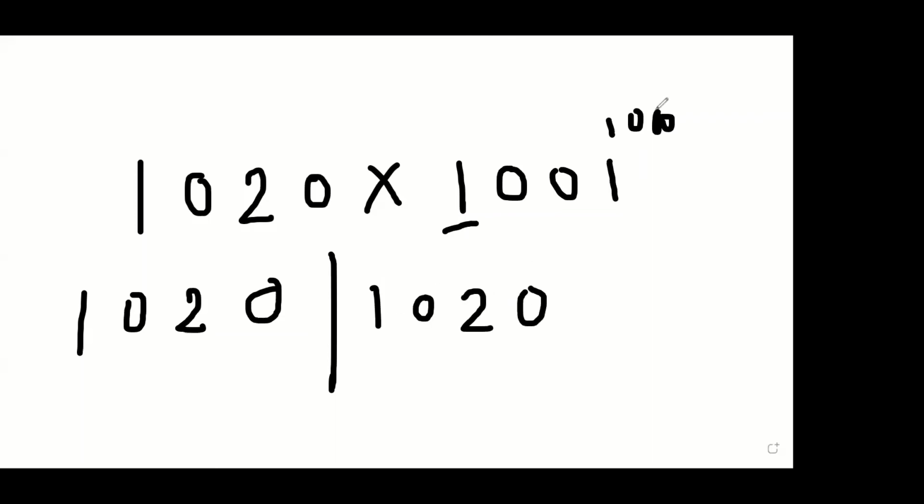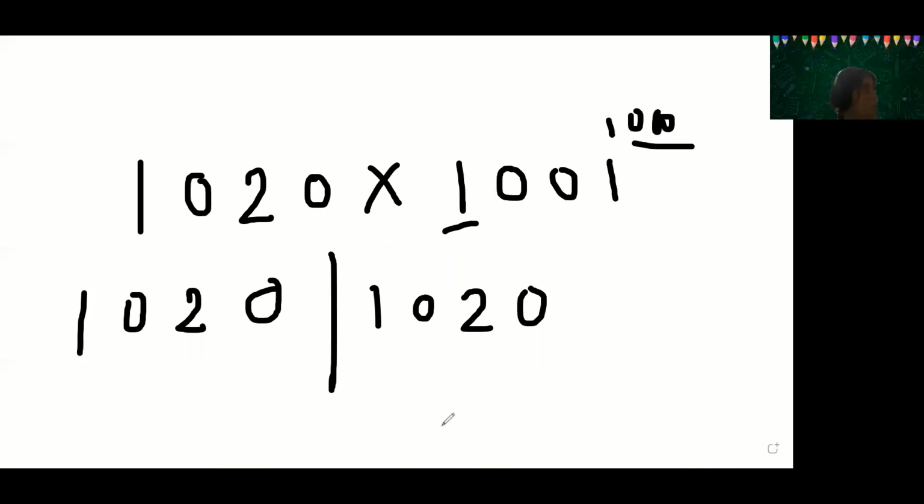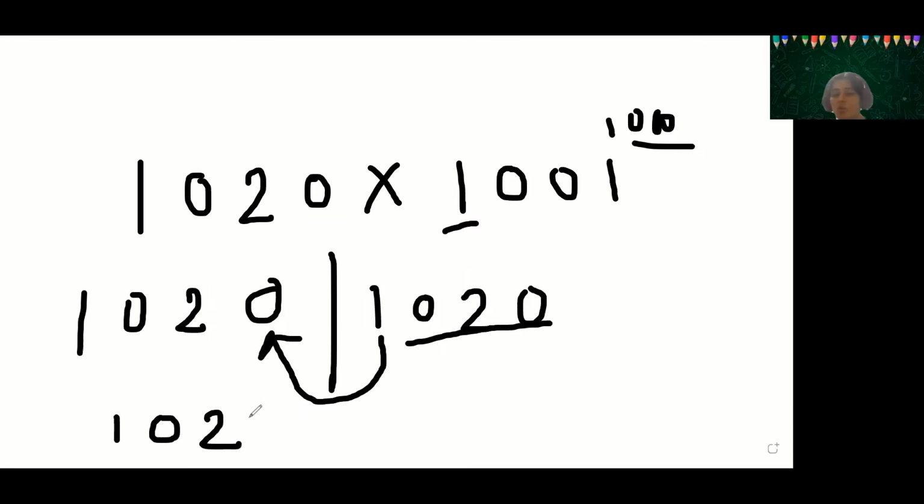Now, in 1000, there are 3 digits. So we have to take 3 digits and the next digit will go for the chain addition with the next number. So the answer is 1021020. Clear, everyone? Hema, Vedant, is it clear? Siddharth, Anushka, Sai Paristh, Sahanya Garg.